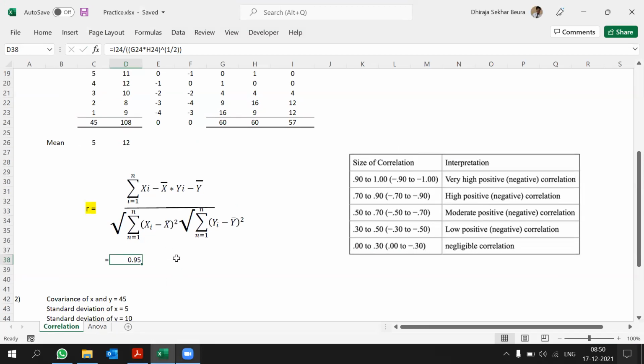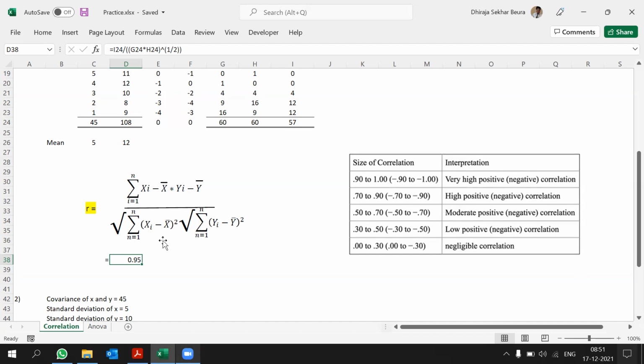If you take the summation from i equals 1 to n of (xi minus x bar) squared and divide it by n, it becomes the standard deviation of the x series. That is the formula for standard deviation. If you do the same thing here, dividing by n, it becomes the standard deviation of the y series.